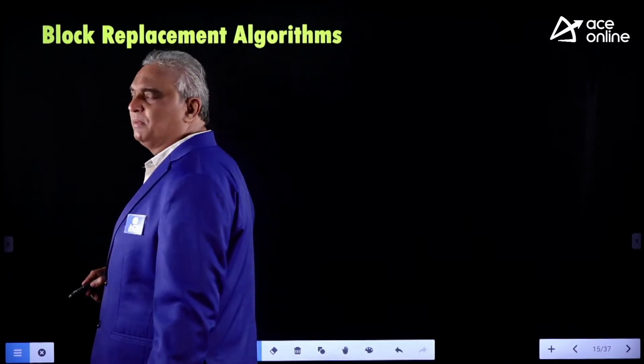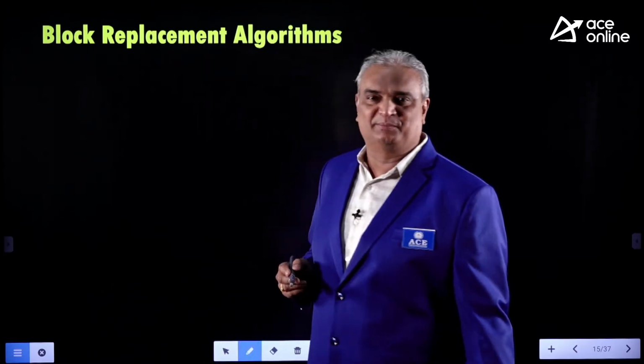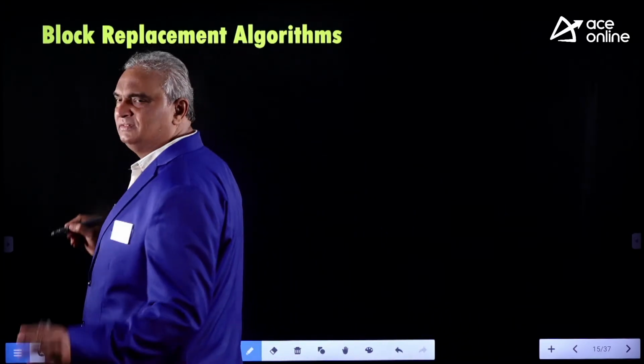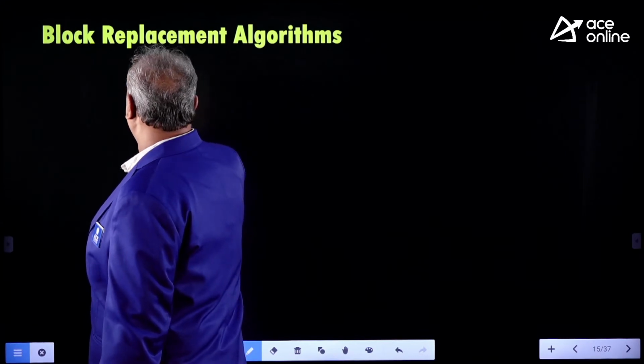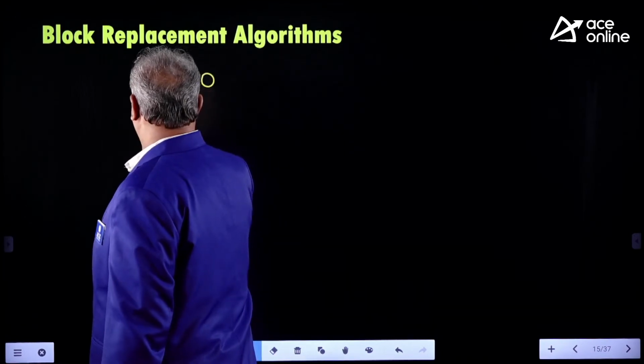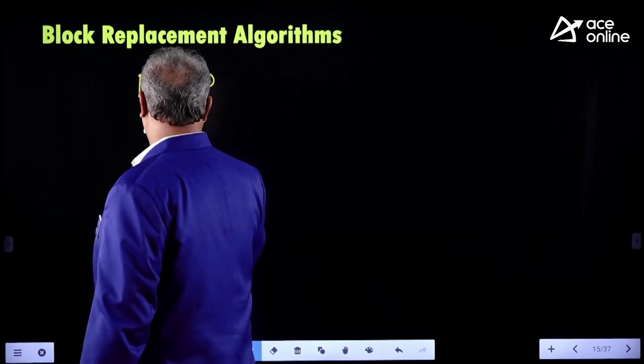These techniques are nothing but block replacement algorithms. In operating systems, they are also known as page replacement algorithms. In our subject, we are going to discuss FIFO, first in first out, next LRU, next optimal.